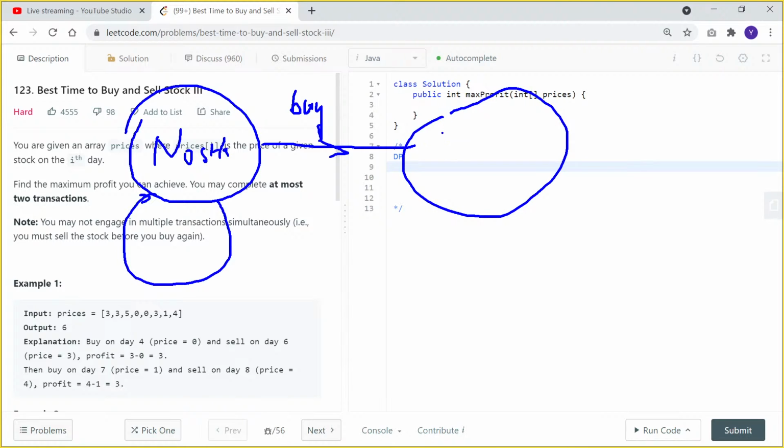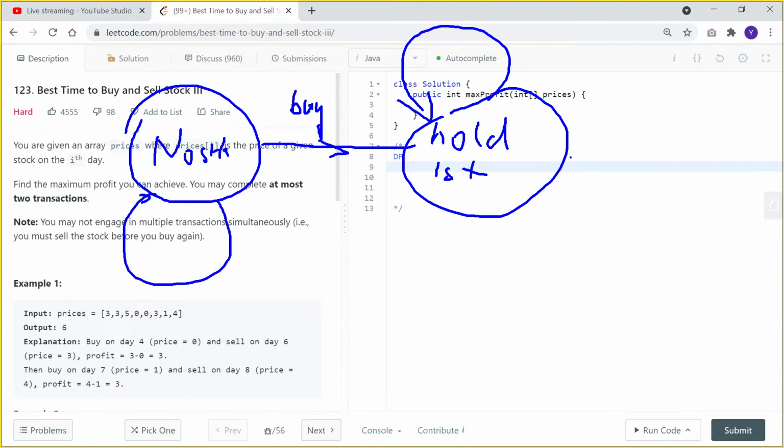We can call it hold one, hold the first time. Holding can also last multiple days, so it also has a self loop.